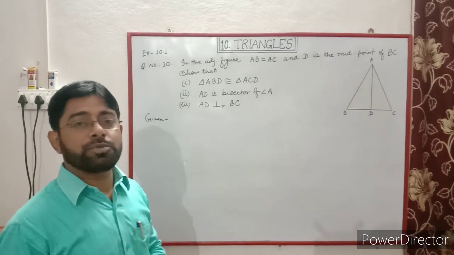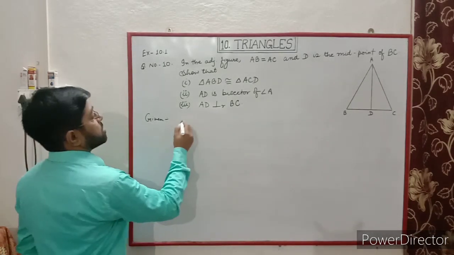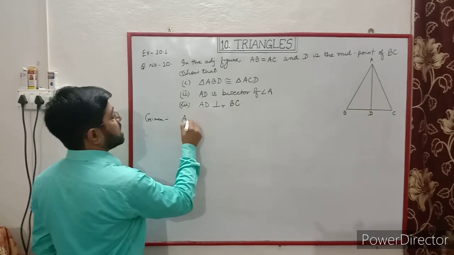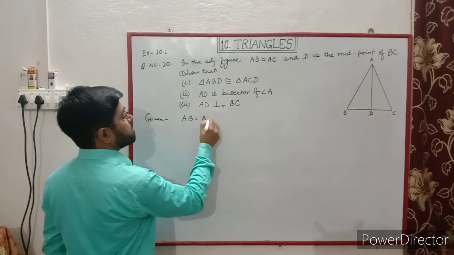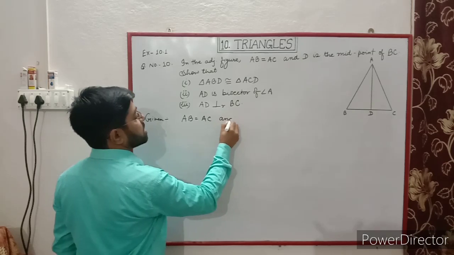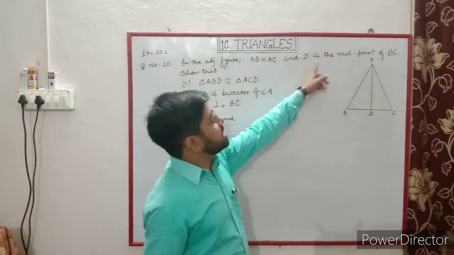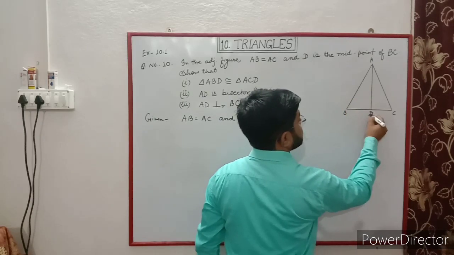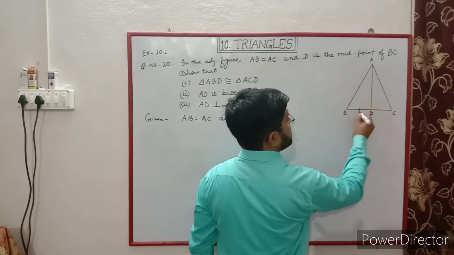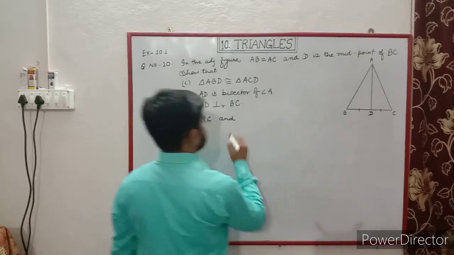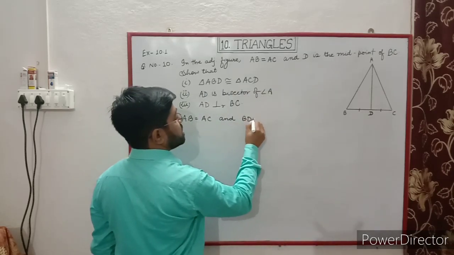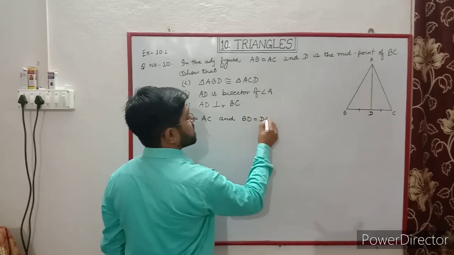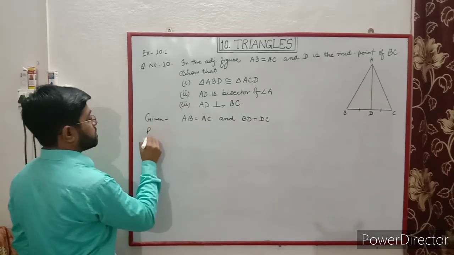So first of all, we have to write the given part. AB is equal to AC and D is the midpoint of BC. So BD is equal to DC. Now the proof.